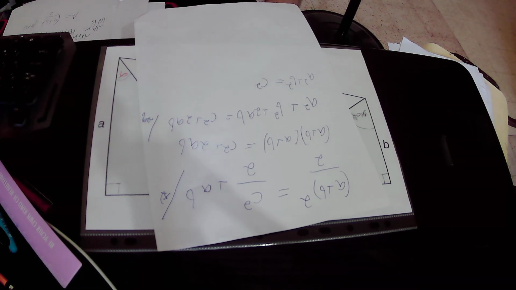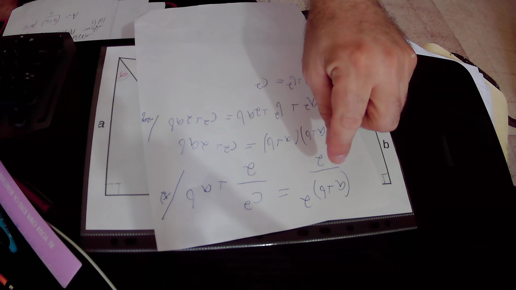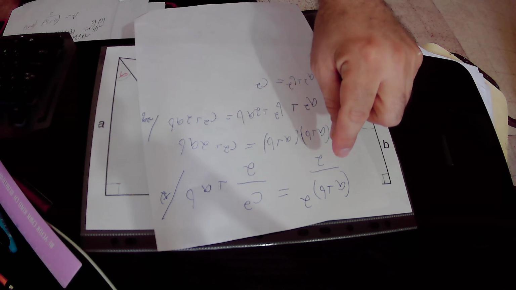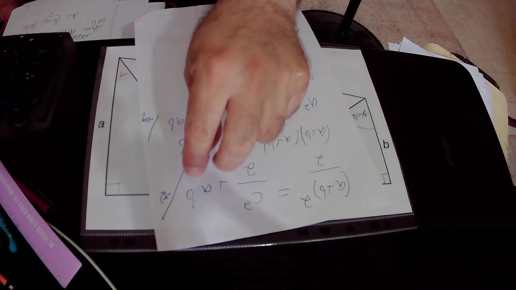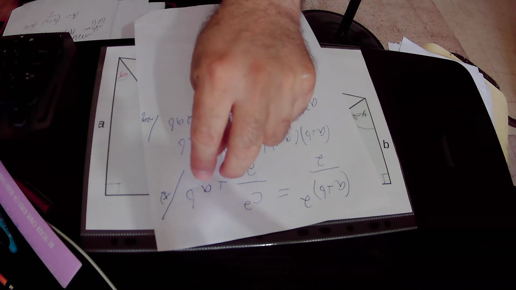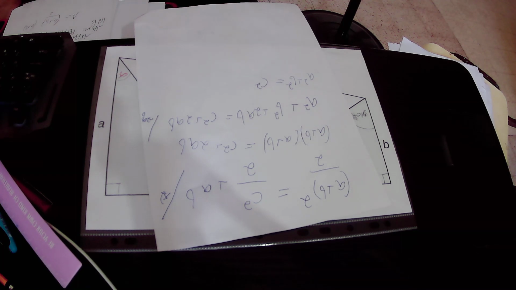Okay, so the area of the trapeze when we calculated it in the first way is equal to the area of the trapeze when we calculated it in the second way.